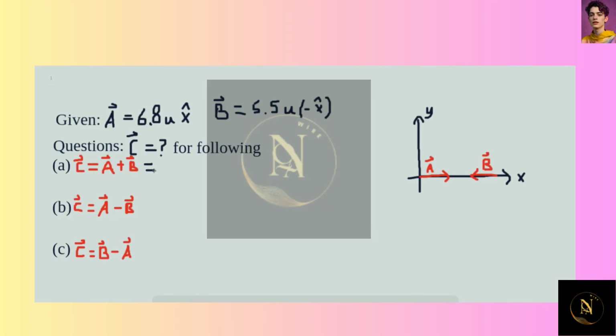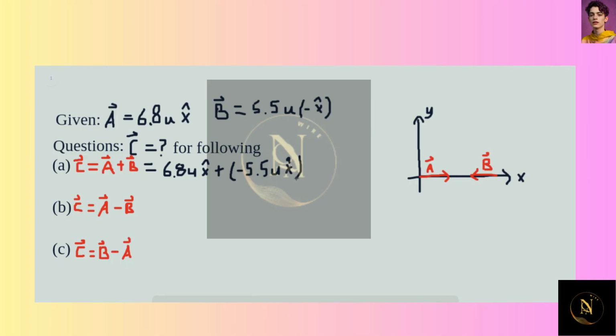Okay, so if C is equal to A plus B, we'll write out what we have for A, 6.8 units, right? And that's in the positive X hat direction, plus B. Well, we can pull that negative sign out front, from the negative X hat direction, and that is equal to 5.5 units. And since we pulled the negative sign out front, we just write this as X hat.